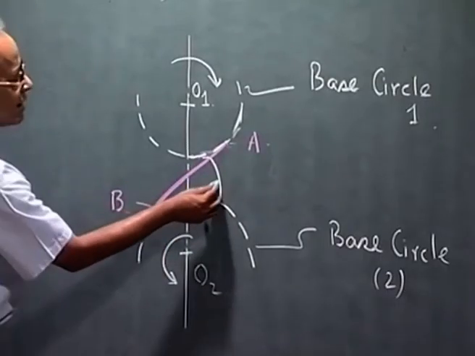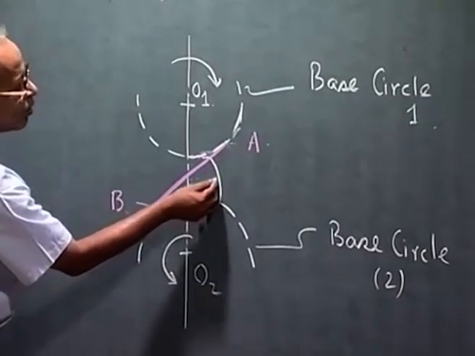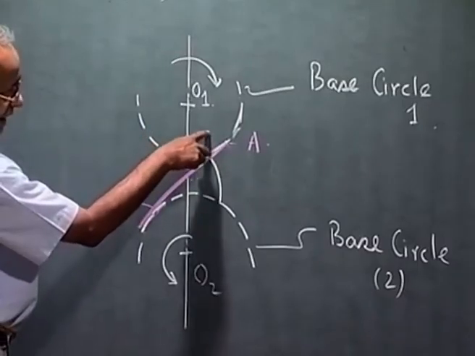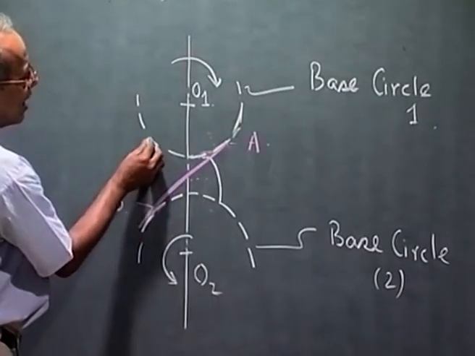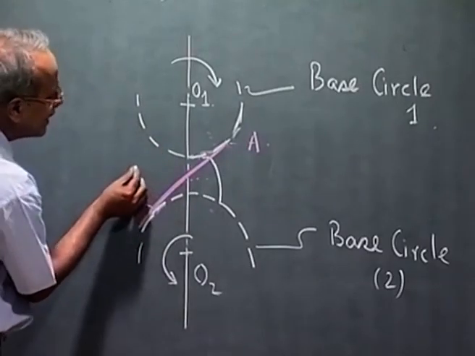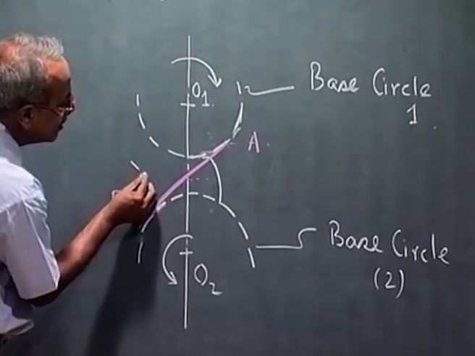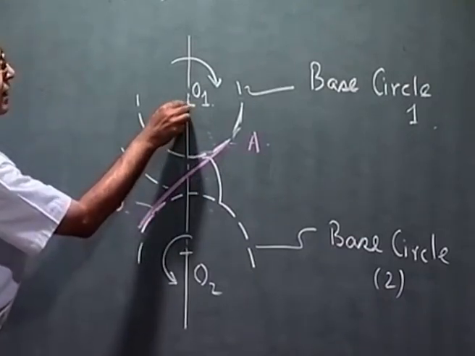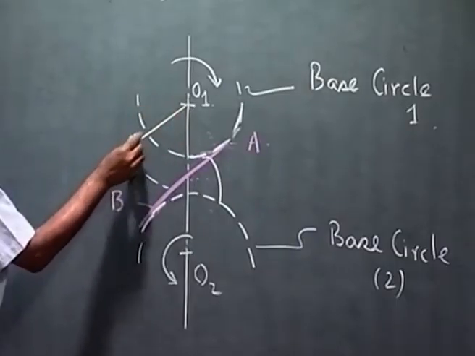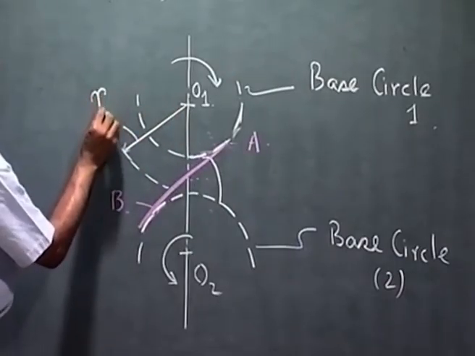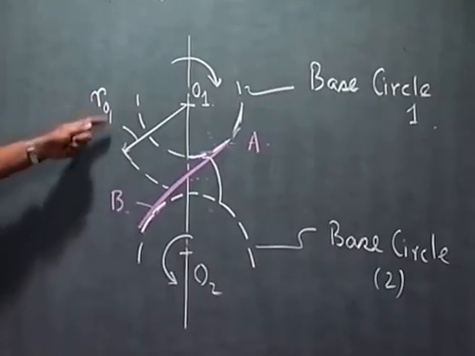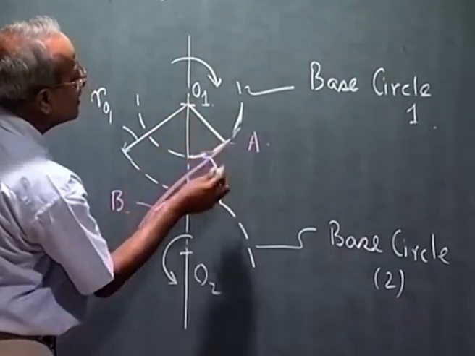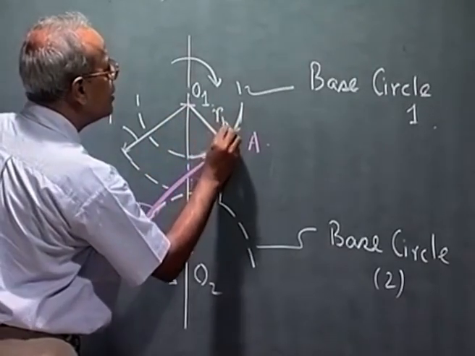Now, as this gear starts rotating this way, how long will this tooth remain in contact with the tooth on the other gear, gear number 1? So long as the outer circle of this gear is in contact. So, this is the addendum circle of gear 1. Let me call it radius RO1, that is the outer radius of gear 1, and this is RB1.